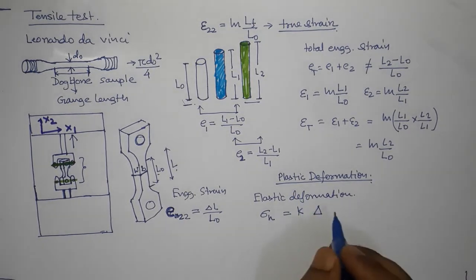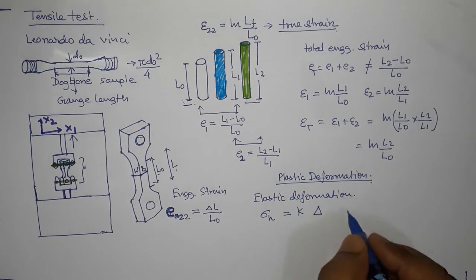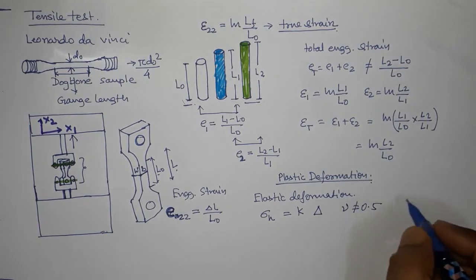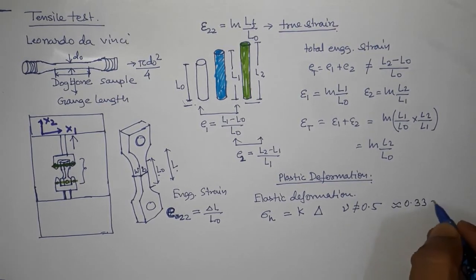In plastic deformation, because of Poisson's ratio not being equal to 0.5... for steels, for example, or for many metallic materials, the value of Poisson's ratio is approximately 0.33, which describes the relation between change in diameter and change in length.